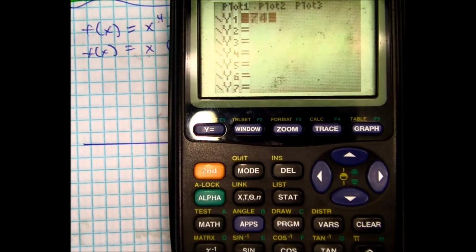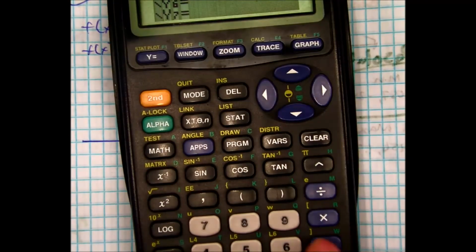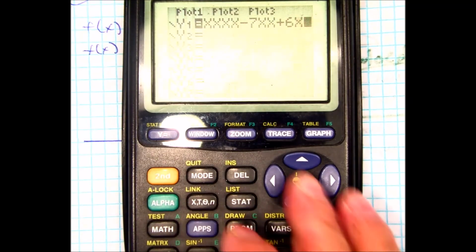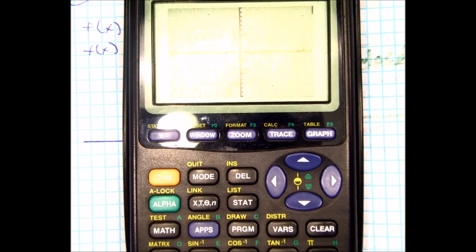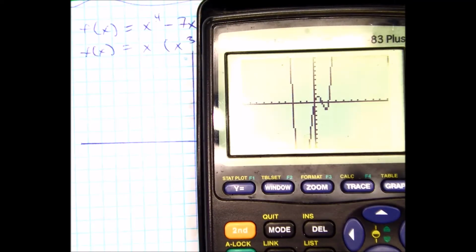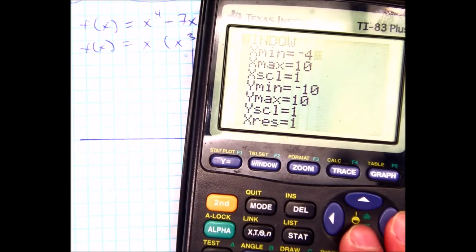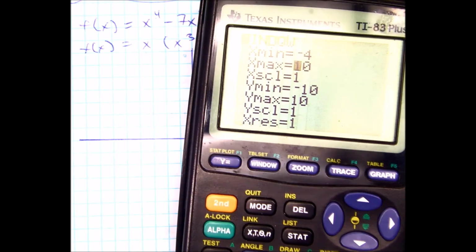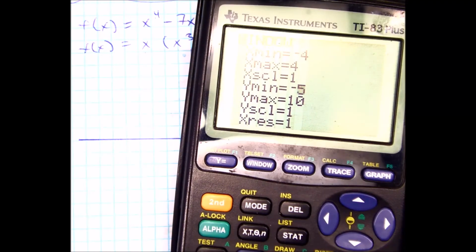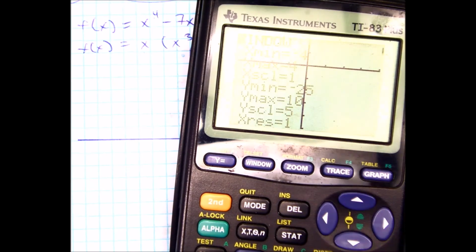I'm going to put in x to the fourth minus 7x squared plus 6x, zoom 6. And get a graph. It looks something like that. Let's get a little bit closer. Negative 4, positive 4, y min, negative 25, y max, and then count by 5s.